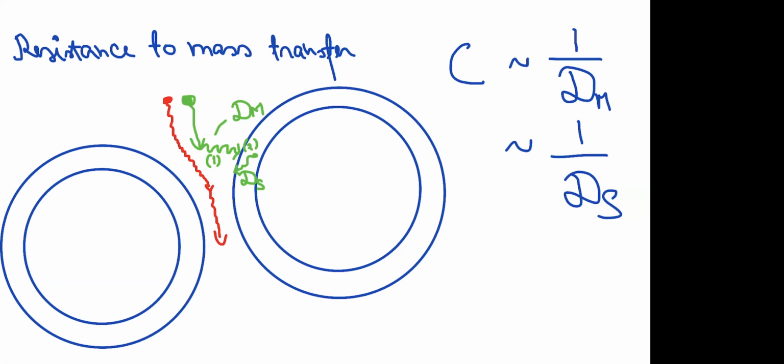Now, there are also other factors that are playing a role here, and this is how well our column is packed. So, of course, when the column is very well packed, then the distance that the molecule needs to travel is shorter.